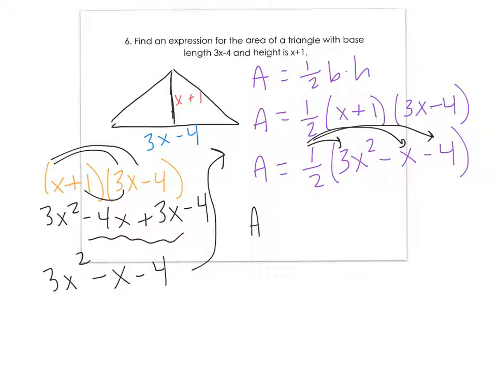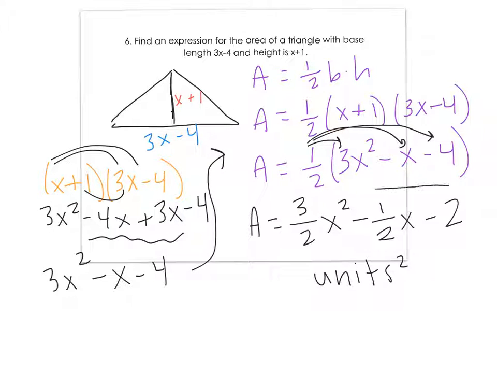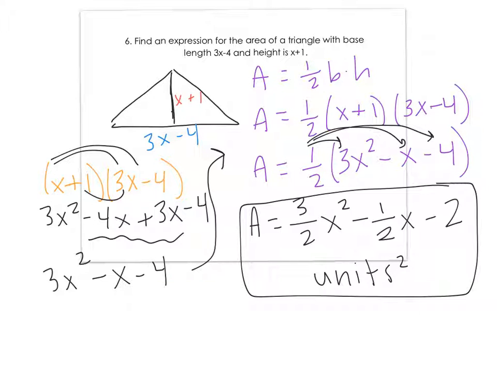And so the area equals 1/2 times 3 is 3/2, and then attach my x squared. 1/2 of negative x, negative 1x, is negative 1/2 x. And 1/2 of negative 4 is negative 2, so minus 2 there at the end. And then because this is area, I will label units squared. And that's the area of this triangle.